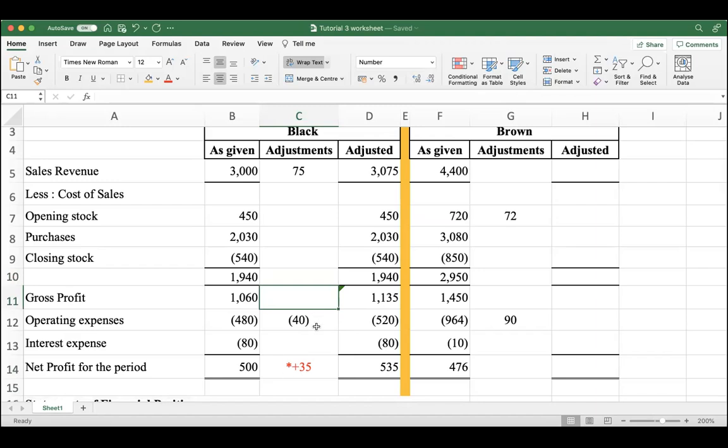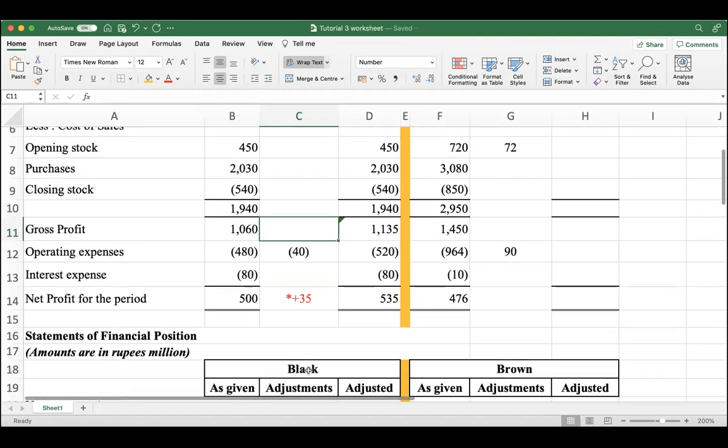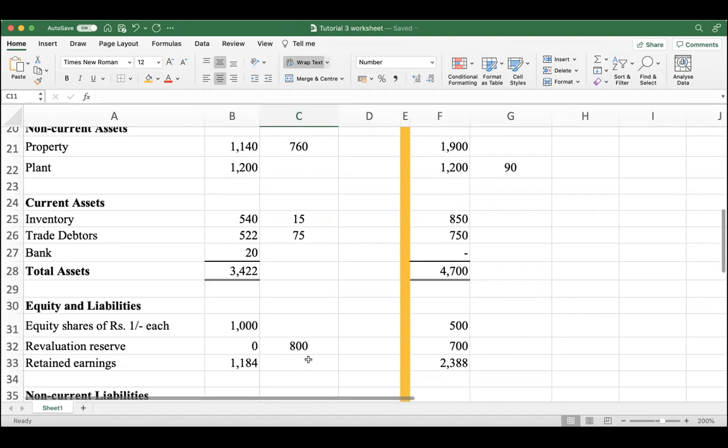So how does this 35 come? Sales increases by 75. Expenses increases by 40. The net effect is profit increases by 35. Then retained earnings increases by 35.